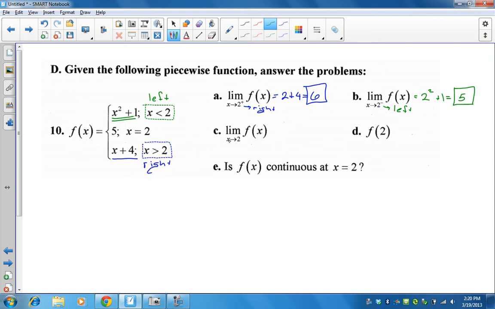Then part C is the limit as x approaches 2. Now the biggest mistake people are going to make here is to look at the middle, because this is when x equals 2. But remember, the limit as you approach 2, if it doesn't specify a side, then part C, the answer only exists if the left and the right side both equal the same thing. So we have to look at both sides.